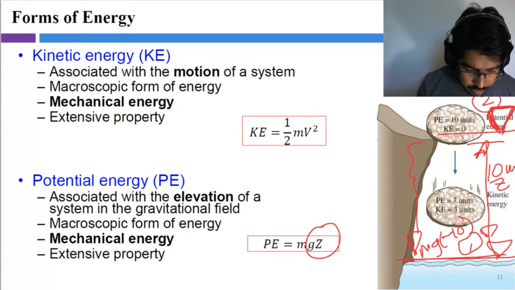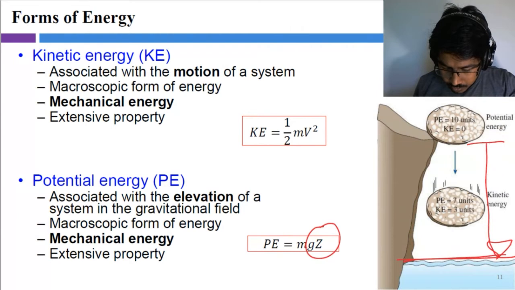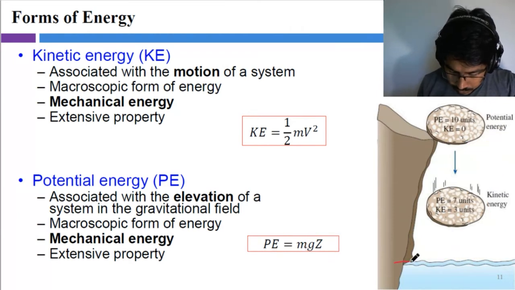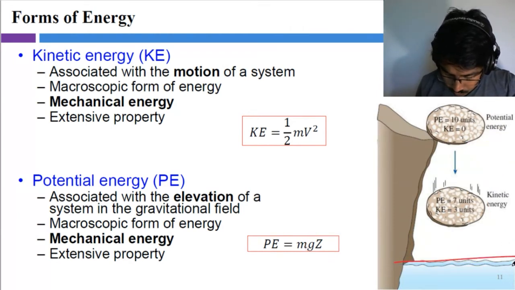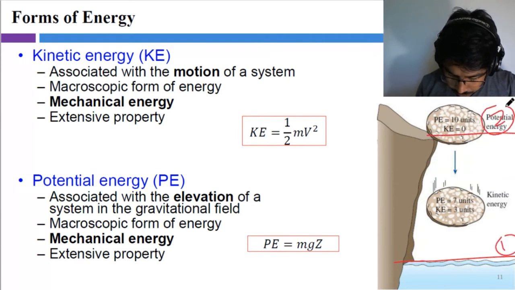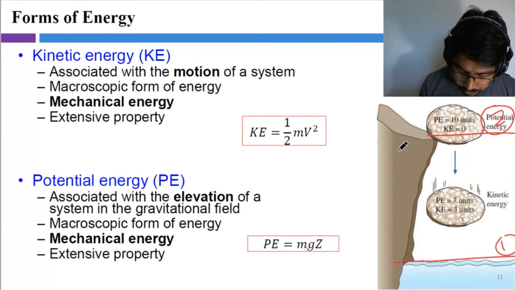Okay, let me clean up the screen a bit before going with the explanation. So this is our reference 1, this is our reference 2, right? The height is 10.